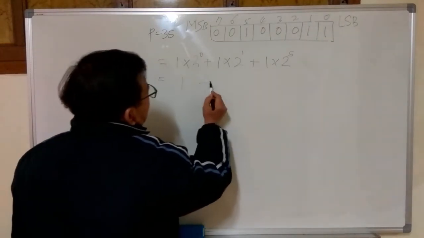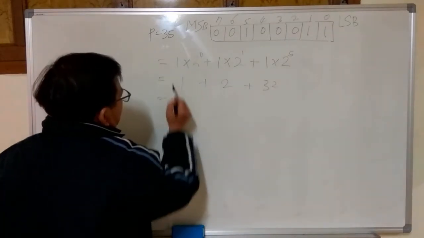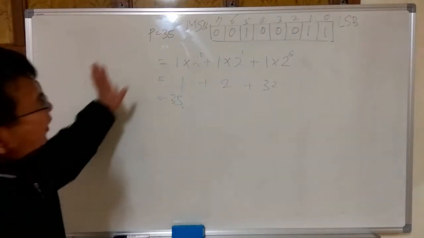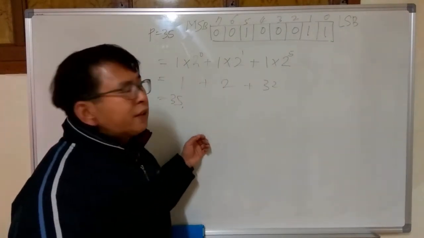This is 1, 2, 32, makes 35. This is binary representation. If you are watching this video, you already understand this.